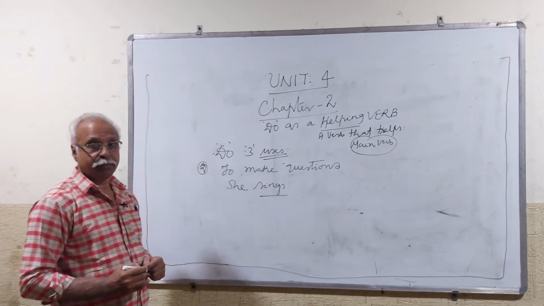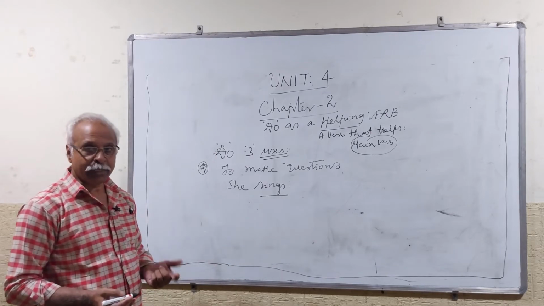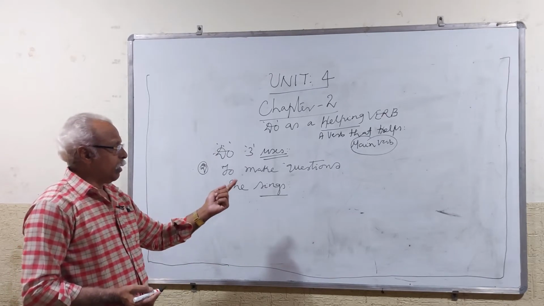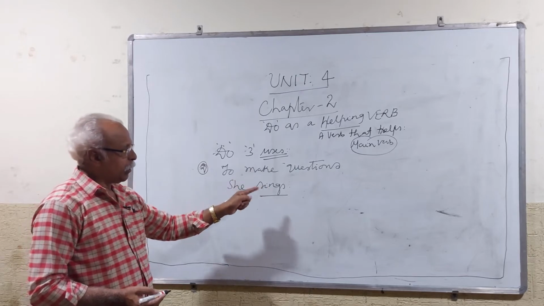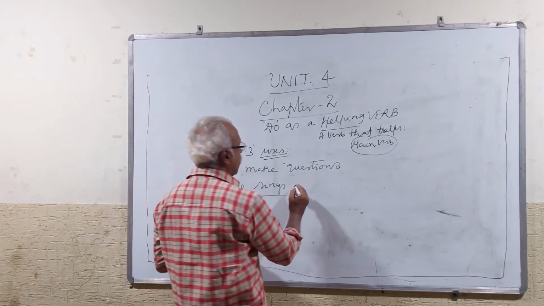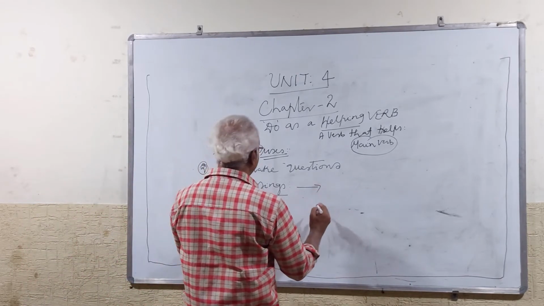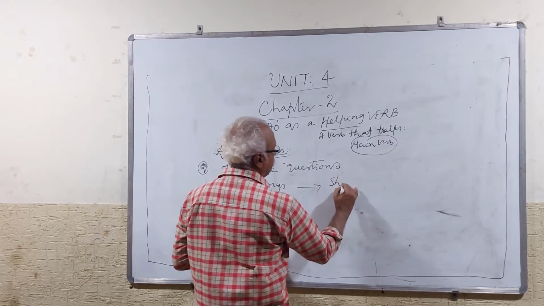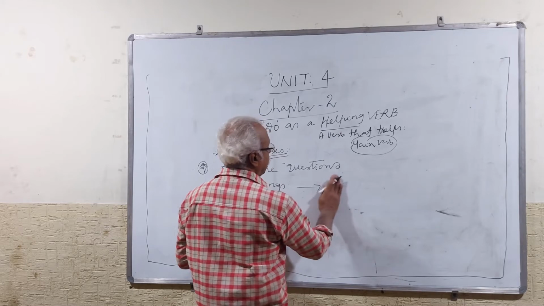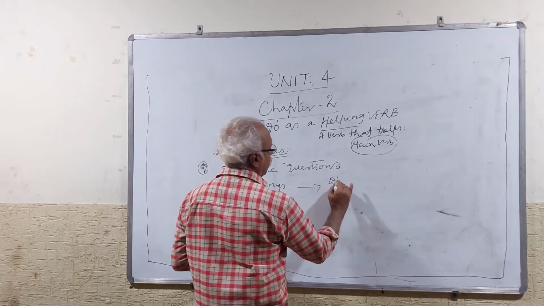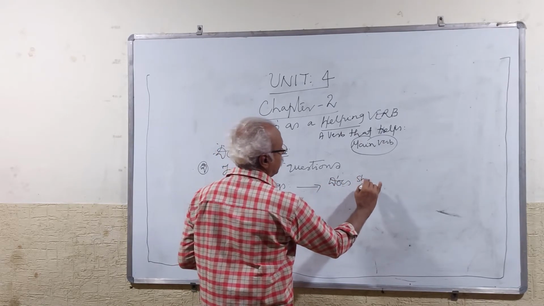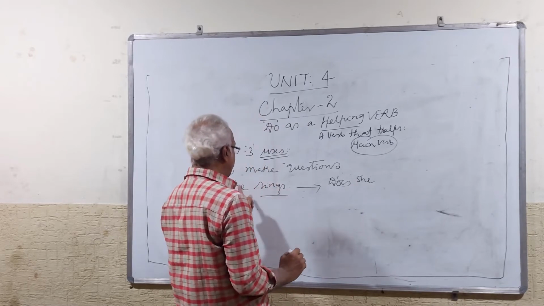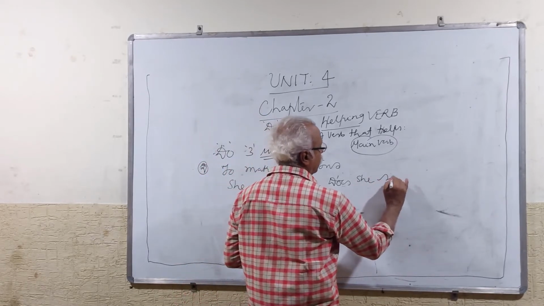Sings is the verb. It's main verb. It has no verb after it or before it also. In order to make a question, you have to use either do or does depending upon the context. Does she sing?